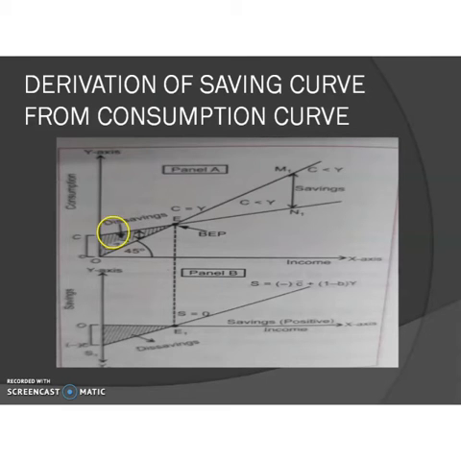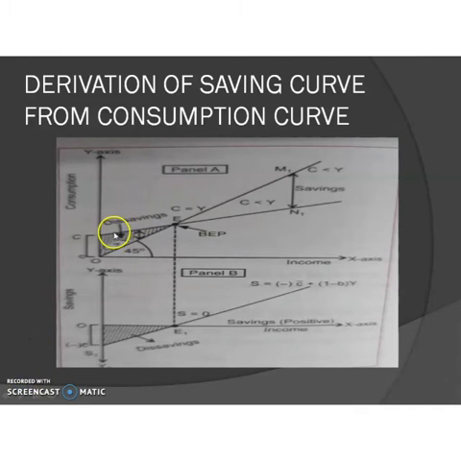It intersects the 45-degree line at point E. That is known as the break-even point, BEP. That means the intersection of the consumption curve and the 45-degree line is known as the break-even point.